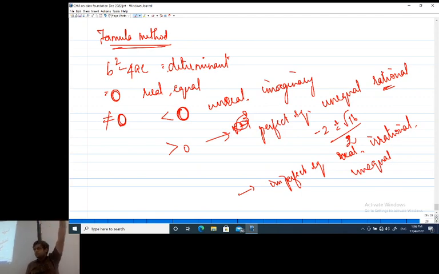If it is equal to 0, the roots are real and perfectly equal. If it is greater than 0 and a perfect square, they are real, unequal but rational. If it is greater than 0 but an imperfect square, they are real, unequal but irrational. If it is less than 0, they are unreal.